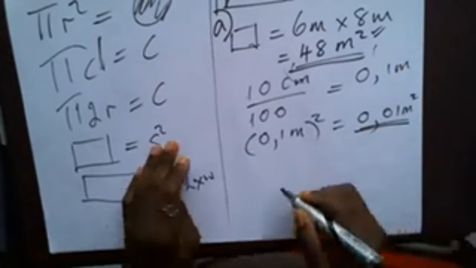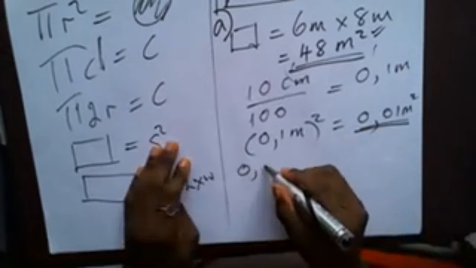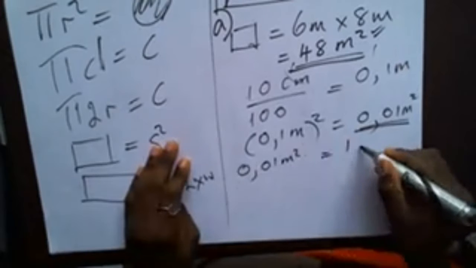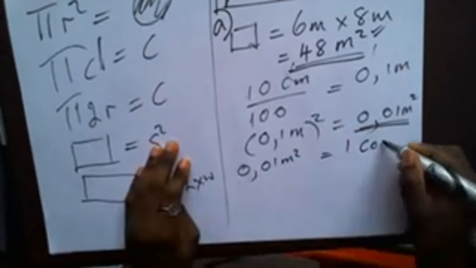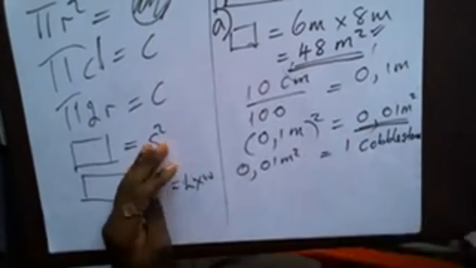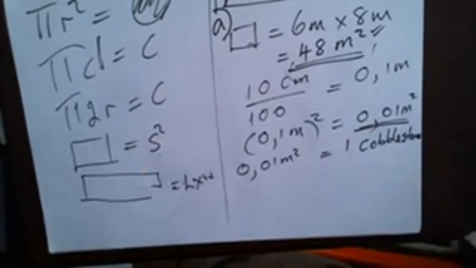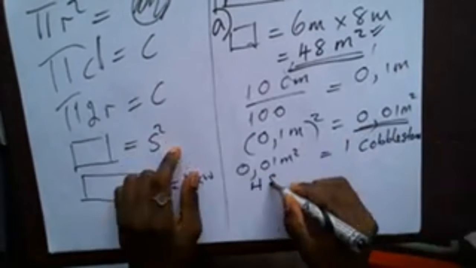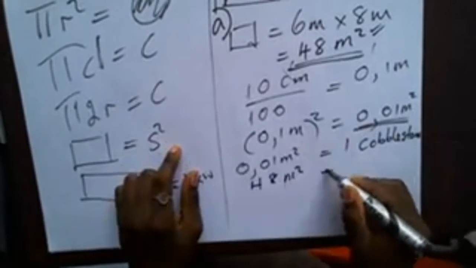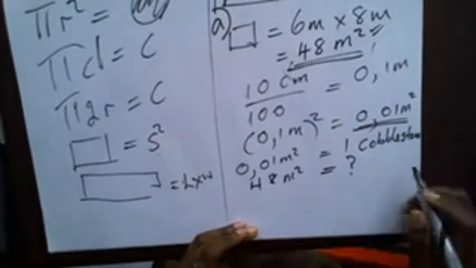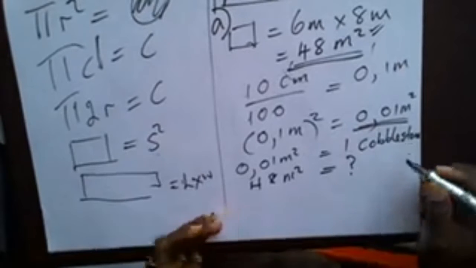The information that we have is saying 0.01 meter squared is equal to 1 cobblestone, right? But the question is, we need to cover this much. This is the area to be covered. Am I going to use more than 1 cobblestone, or less than 1 cobblestone?